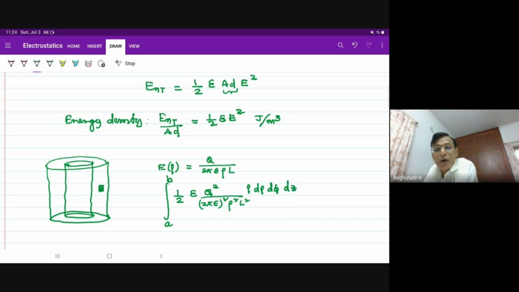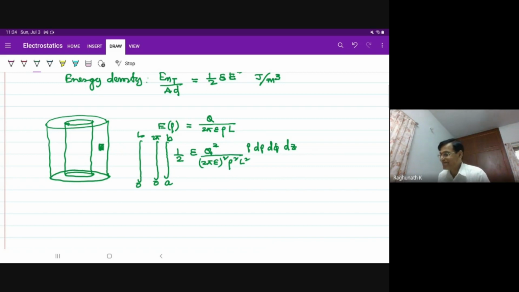Rho from A to B, phi from 0 to 2 pi, Z from 0 to L. If you simplify this, rho squared gets cancelled out.